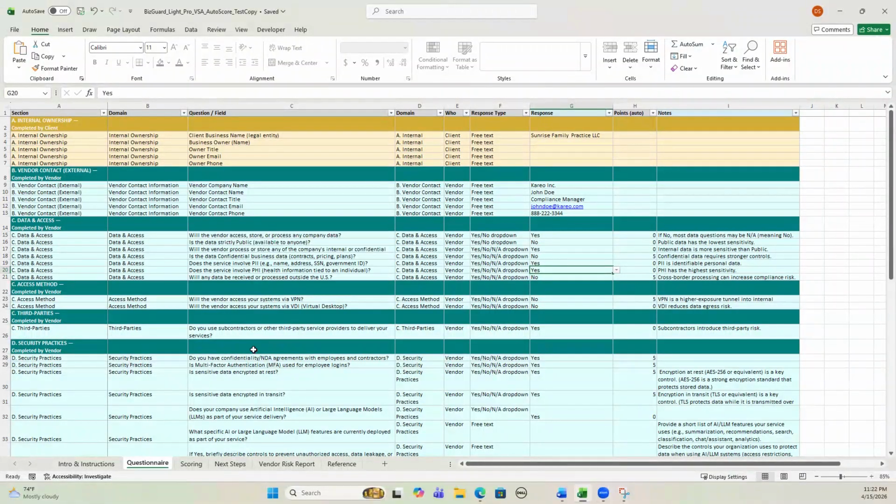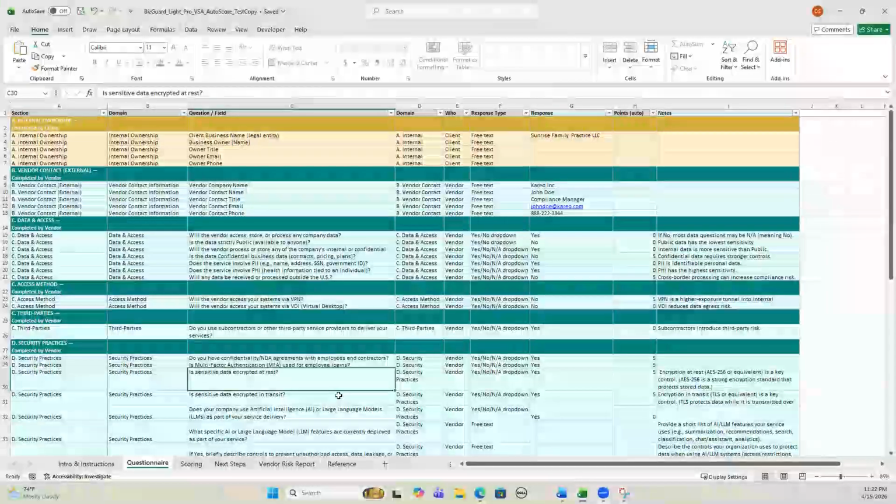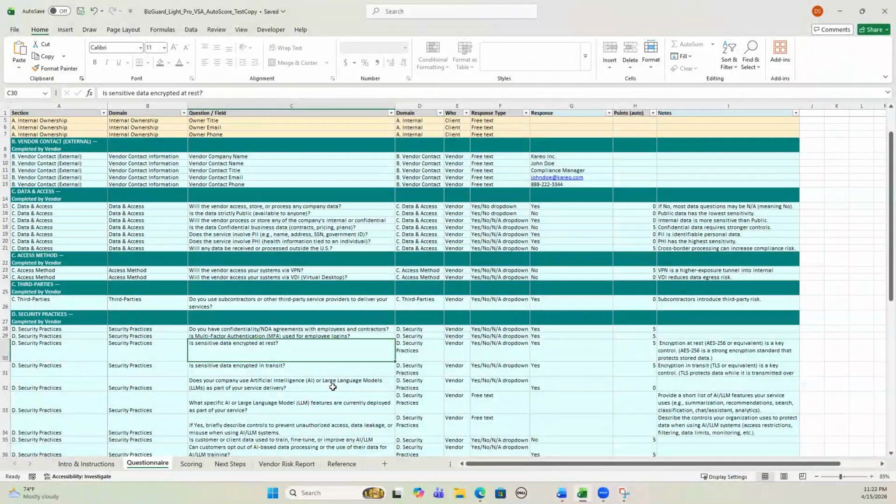They do use subcontractors. They have an NDA, and their MFA, multi-factor authentication, is in effect, and they do use it. So sensitive data is encrypted at rest and in transit.